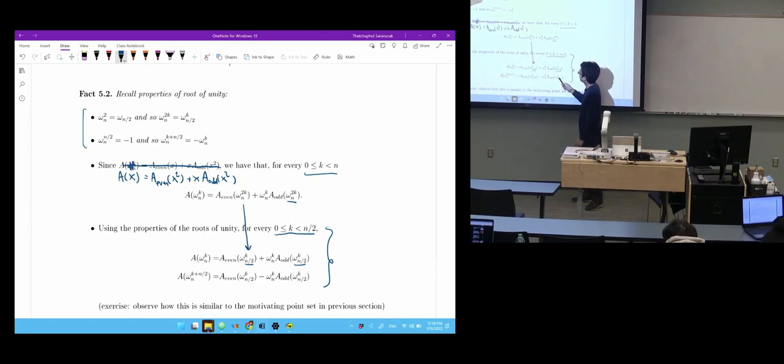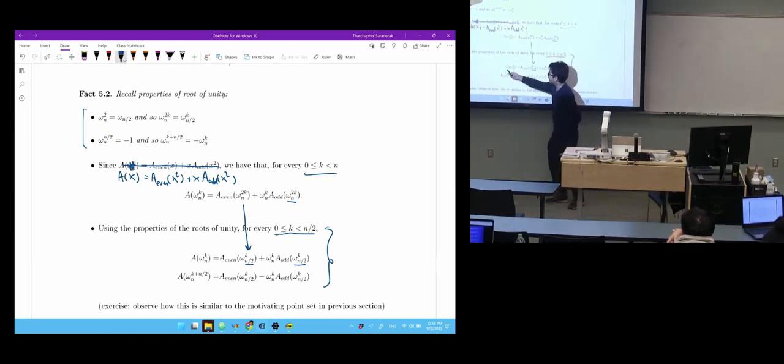If you range k from 0 to n/2 and you evaluate this thing and this thing, you would have the evaluation of A at all roots of unity. This is the first half of the roots of unity, and this is the second half. So if you evaluate all of them, you're done.